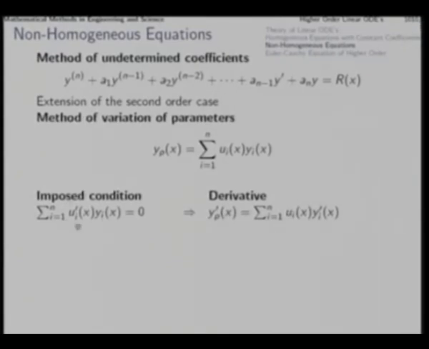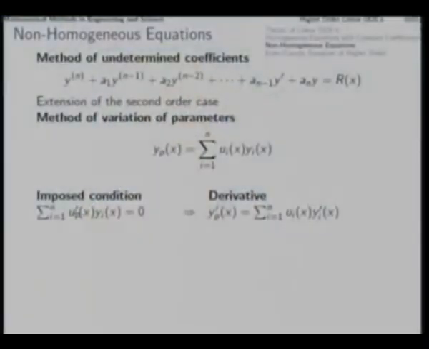Now, this being 0 means basically that the rate of the function u is orthogonal to the vector function, in the vector space sense. That is, if u of x is a vector function with components u1, u2, etc., then u prime will be its derivative, its rate, and that rate is orthogonal to the vector function y of x.